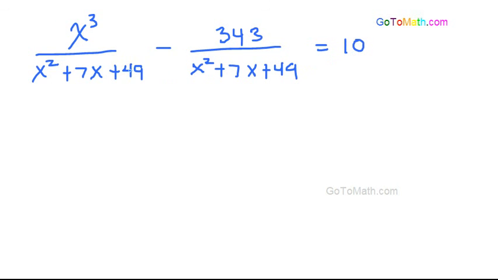Well, because we have a common denominator, we can add both these together and we'd end up getting x cubed minus 343. Now I got a feeling this is a cubed number, and that means that to find that out we can take the cube root of it, 343, and see what we get here. 343 raised to the 1/3.